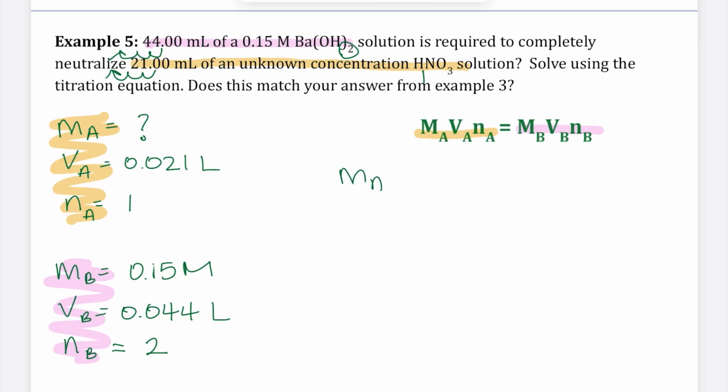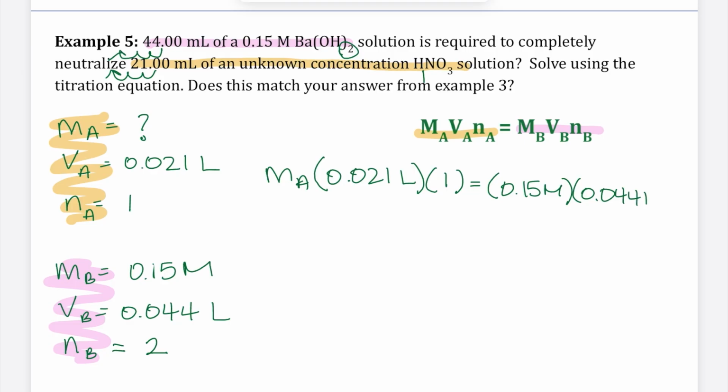I'm looking for Ma, so Ma times that 0.021 liters times 1 is going to equal Mb, 0.15 molar times 0.044 liters times 2. And you'll notice here that our liters units cancel, which means that the only unit I'm going to be left with is a molarity unit, which is why our answer is going to get that value as well.